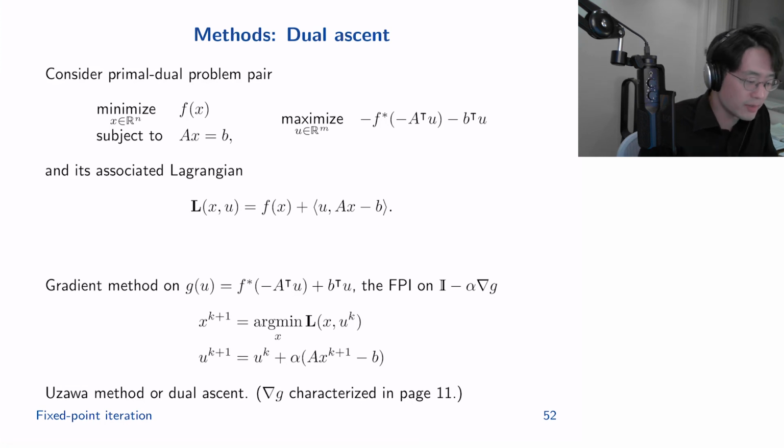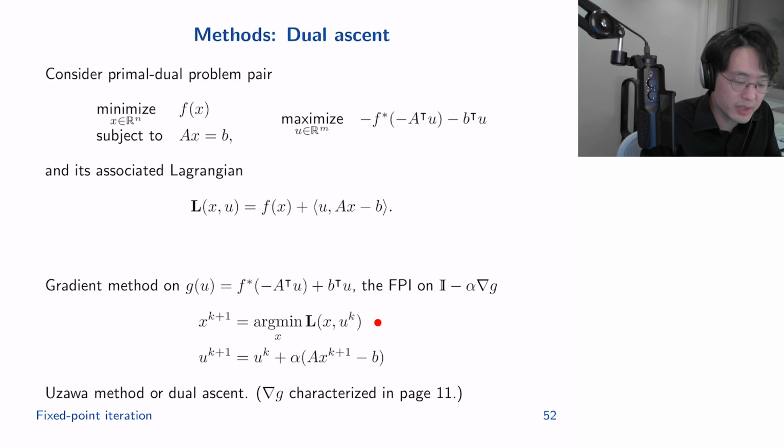We'll perform the gradient method on the dual function g. So g is the convex function defined to be the negative of the dual objective, so it's f star composed with minus A transpose plus b transpose u. Then the fixed point iteration on the gradient descent operator with the dual function g can be expressed in this way.